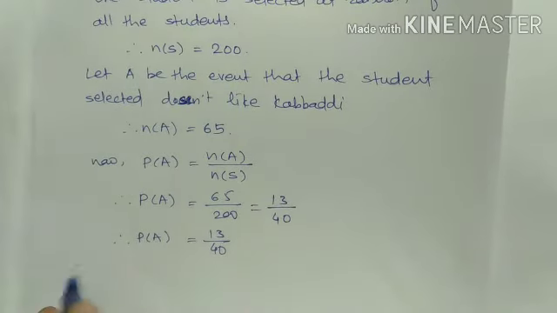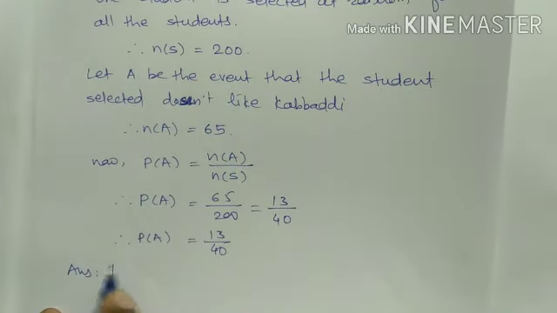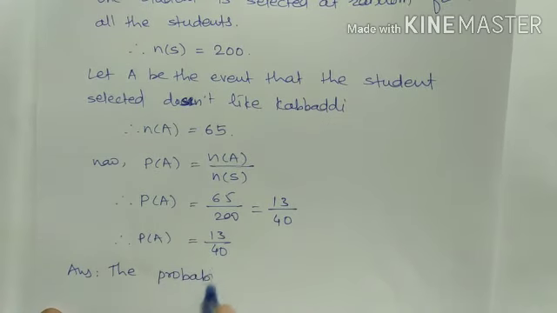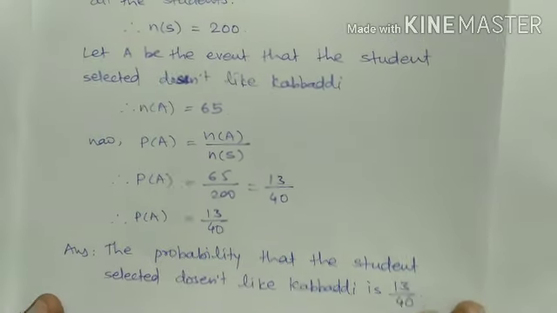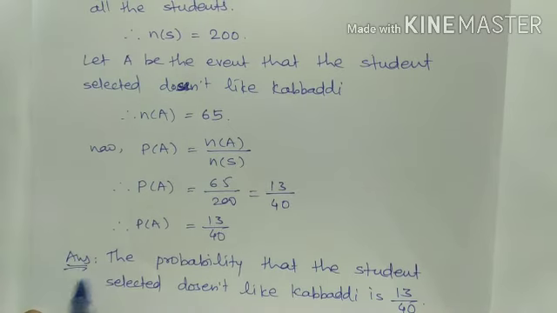That is, the answer is the probability, see, that the student selected doesn't like kabaddi is 13 upon 40. See, here we find the probability of this event that the student selected doesn't like kabaddi is 13 upon 40.